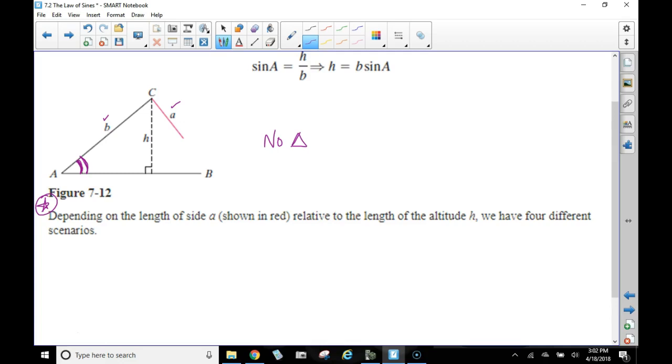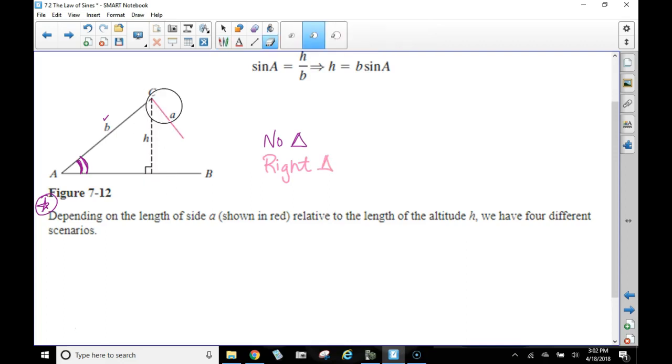Okay? All right, next. What if A was exactly the same length as the height here, and so A would come straight down here and you'd have a right triangle, okay? So you could have a right triangle. That's kind of interesting.